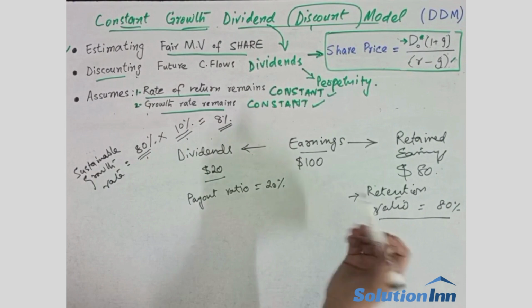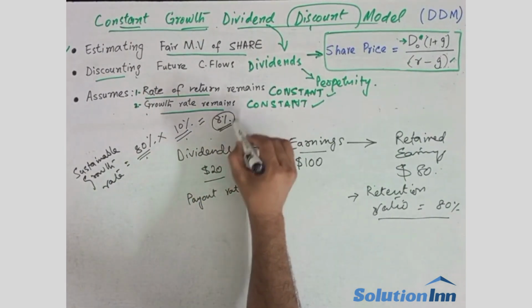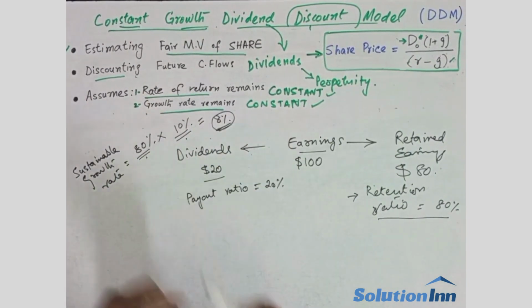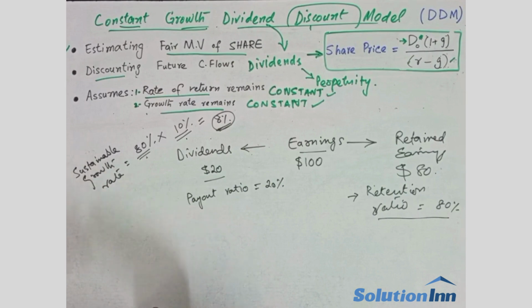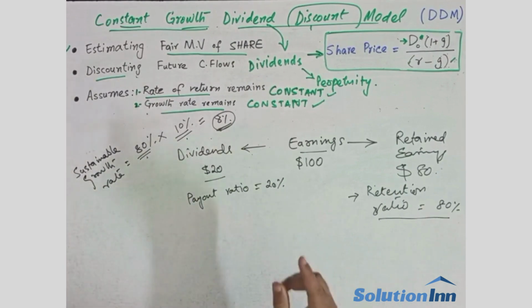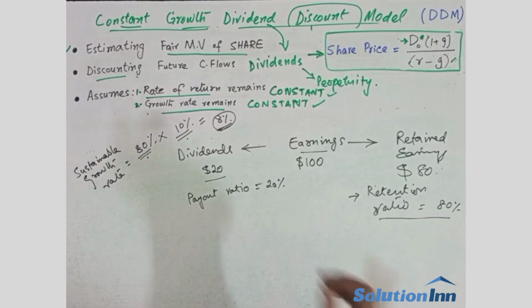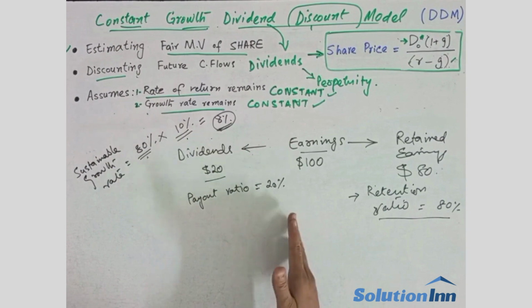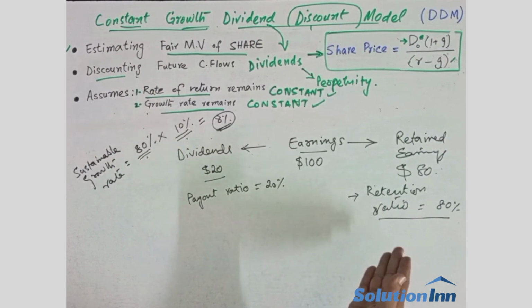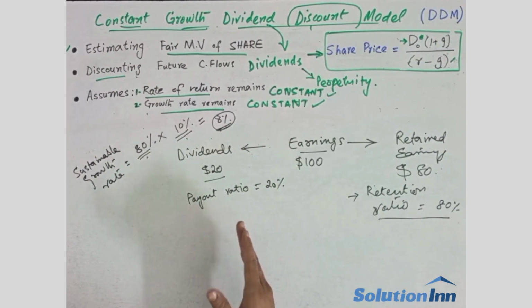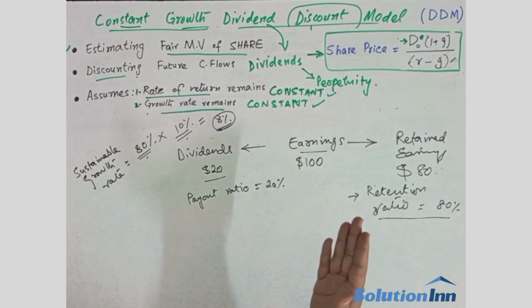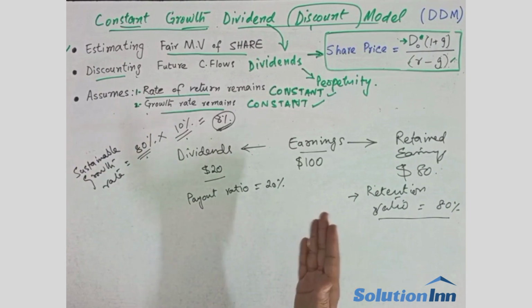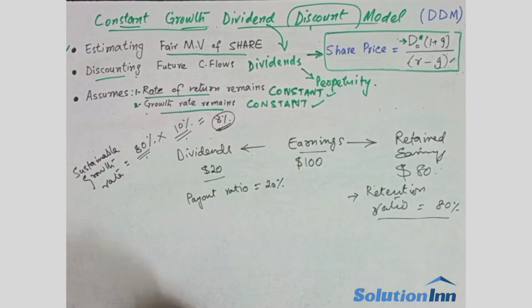So we can calculate a sustainable growth rate of 8% out of these two figures. So we have covered how dividends can be used in the formula without growth and with growth, and we have learned how to calculate the rate of growth for our calculations.